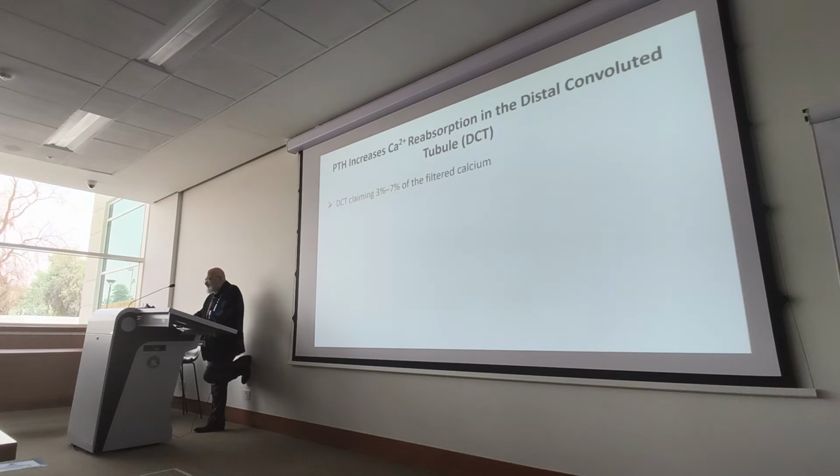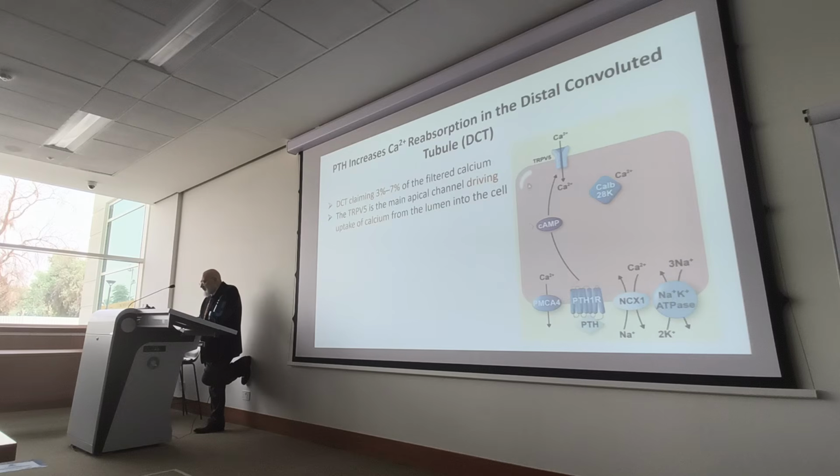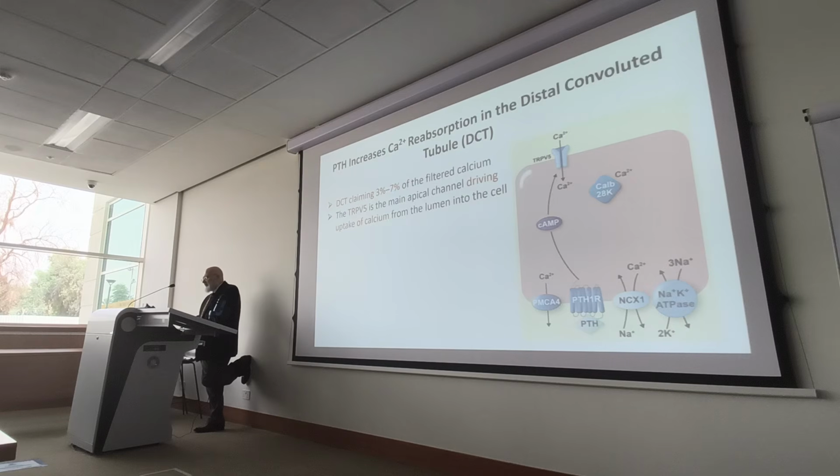But also at the distal convoluted tubule, where a lot of calcium reabsorption happens, again the PTH will attach to the receptor, but in this case, through a channel called TRPV5, it will allow the calcium to go back inside the cell, transcellular in this case. So we have paracellular and transcellular. The PTH binds to the receptor and then increases the activity and expression of this through cyclic AMP.